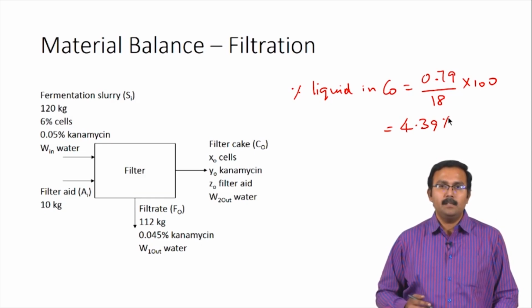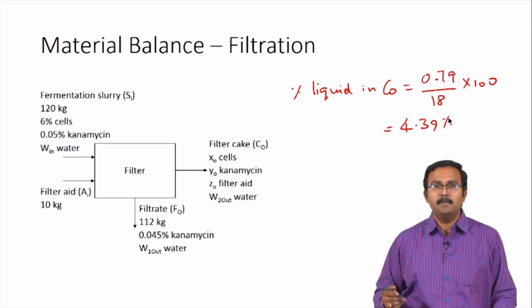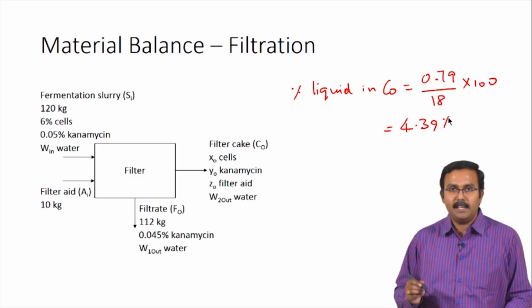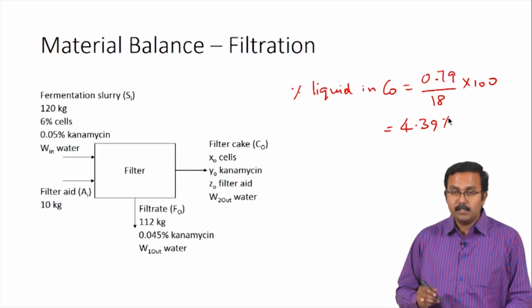With this information, we can calculate the amount of kanamycin which is leaving the system with the water accompanying the filter cake. We know the mass of water is 0.79 kilograms and the concentration of kanamycin in this would be 0.045%.